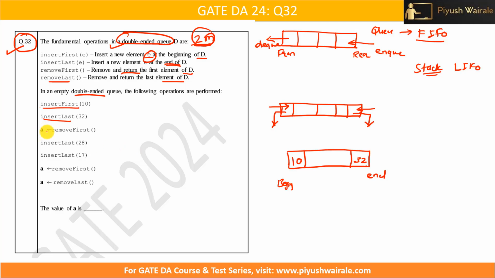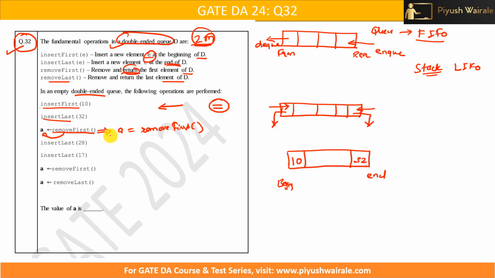Now what is this? A, then we have this left arrow, remove first. I already said this is pseudocode. In pseudocode, this left arrow means the value of this function is stored in A. For example, remove first will remove and return the first element of D, and that will be stored in variable A. So you can simply assume that this arrow is an equals sign: A equals remove first.